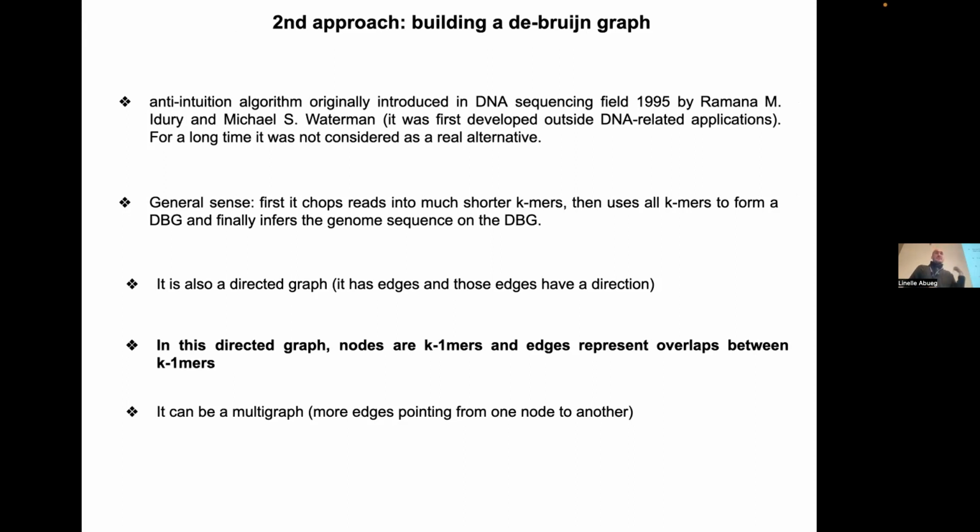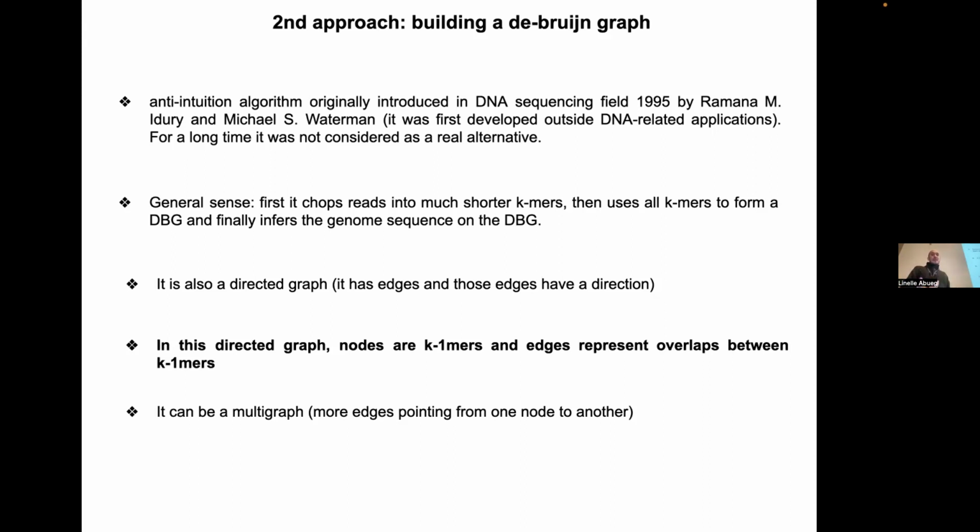The second approach that I mentioned before is the De Bruijn graph, which is a different approach. It's counterintuitive. It was introduced a while ago, in 1995, by some people that were already working on this problem of alignment, but it was not really used until the advent of Illumina short read sequencing. Because you have so many reads and they're all very short, there is a problem in terms of computing overlaps.